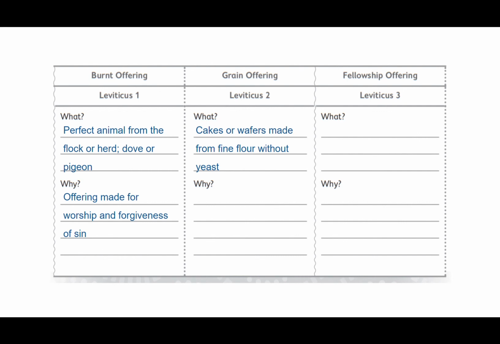Now, why did they offer this grain offering? So we talked about that a little bit before we started reading the scripture. The grain offering was an offering of thanks for God's forgiveness of their sins and also God's goodness.